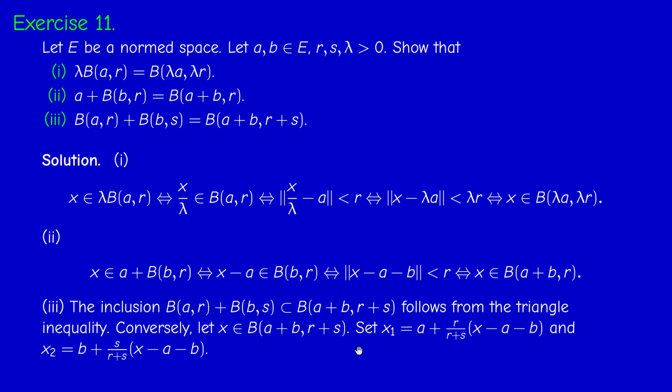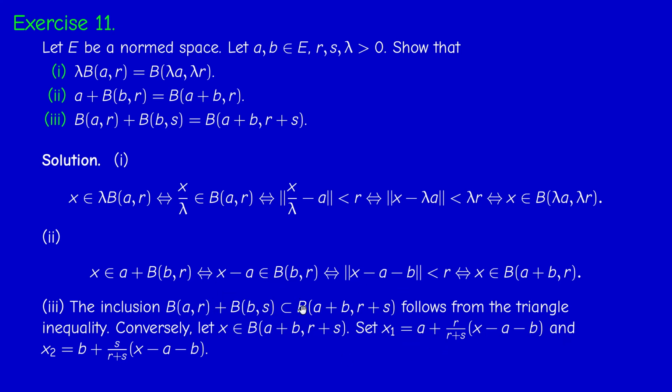Now if you do the sum, why did we choose that? Because x1 plus x2 is a plus b plus r over r plus s plus s over r plus s times x minus a minus b. So this is 1. So it gives you a plus b plus x minus a minus b. So this is x. So x is the sum.